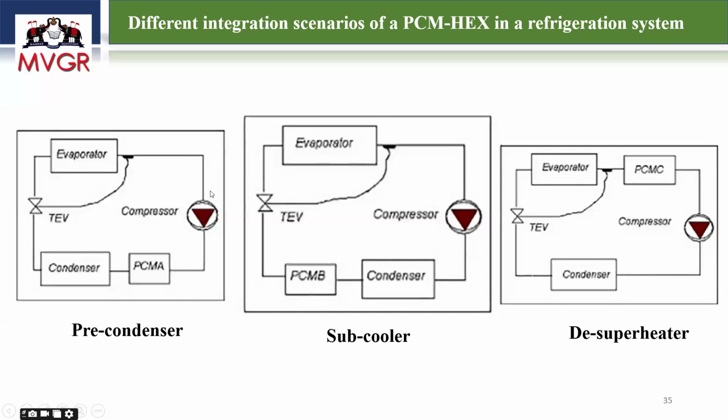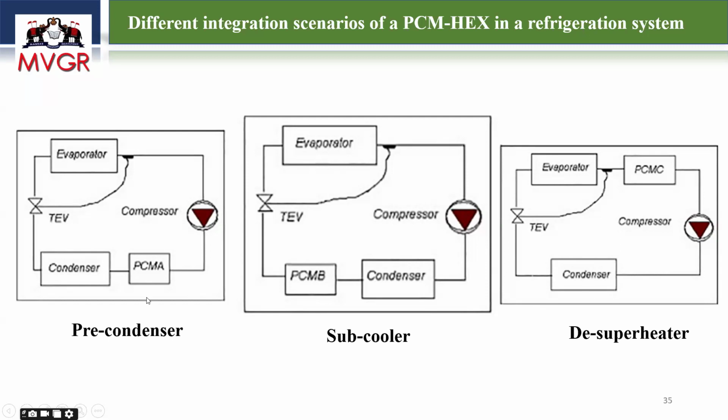The compressor compresses the vapor refrigerant, the temperature is raised, and the high temperature vapor refrigerant enters the condenser. It releases the heat to the outside, and finally expansion takes place in the expansion device, and liquid refrigerant keeps circulating. This is the common basic principle of a vapor compression refrigeration system.